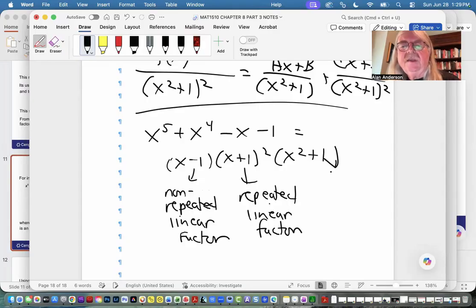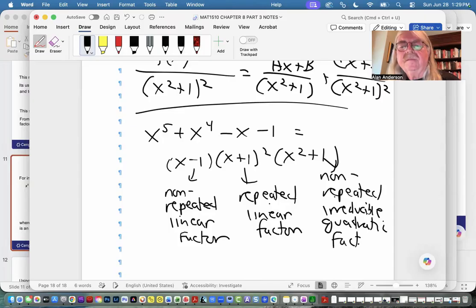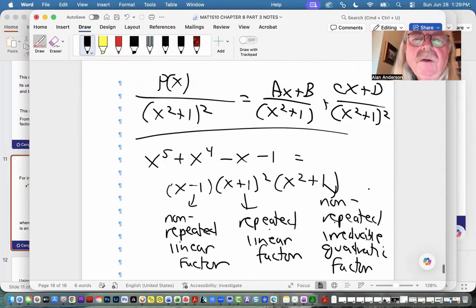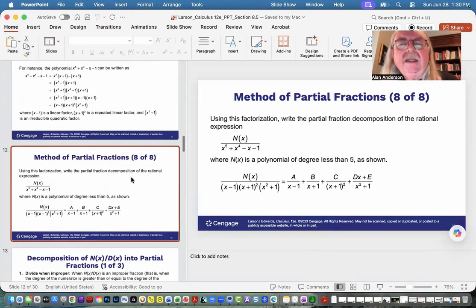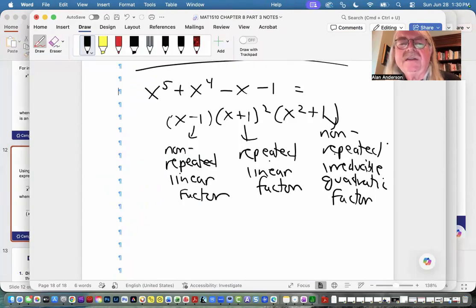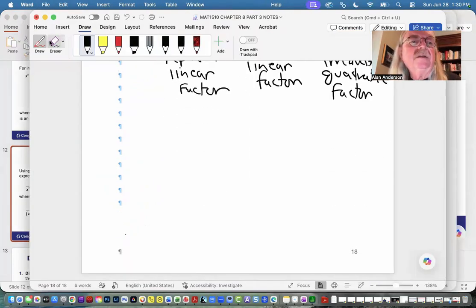And here's a non-repeated irreducible quadratic factor. Okay, so what do we do with it? So n is some polynomial again. By the way, it's understood with these cases that these are all meant to be rational functions, which means they're ratios of polynomials.